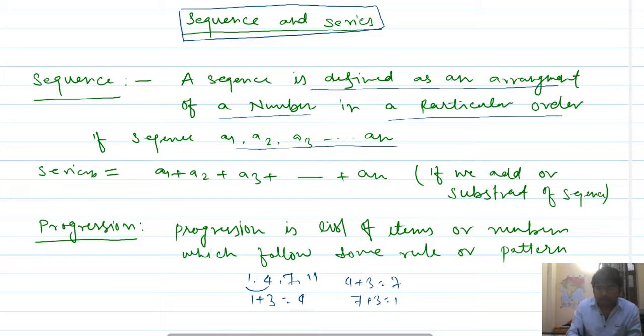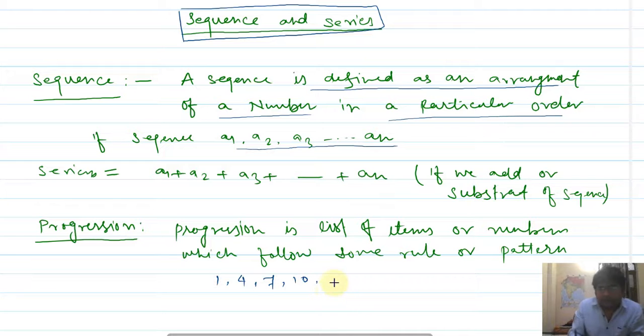So for example, I write 1, 4, 7, 10. If you look at it, you can observe that there is some rule being followed. If you add 3 to the first term, A1, you get 4.